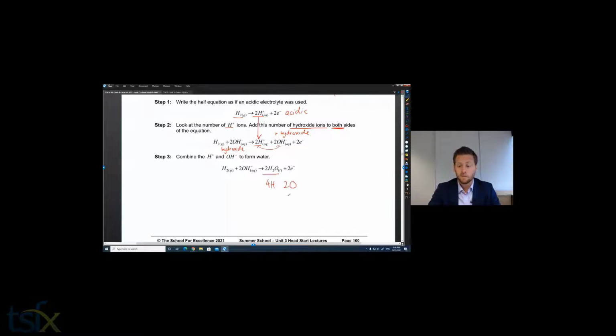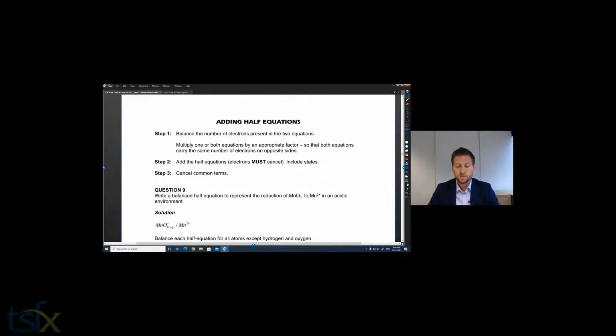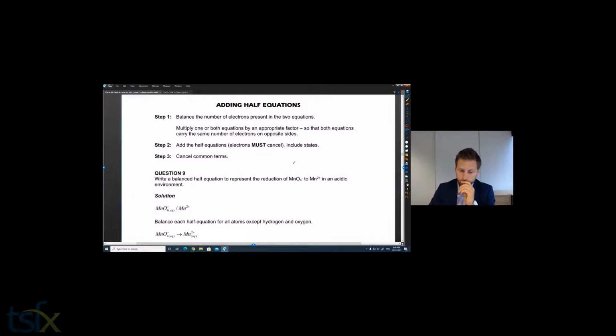That makes 2 waters in this case. Then you keep the 2 hydroxides on the other side and you keep the electrons that were already there at the beginning. So that's the process for an alkaline and an acidic, and they're very, very important. And then the last one, electrons, that's the E process, then add states, so S, and then cancel anything common.